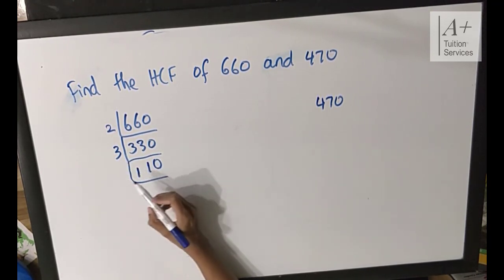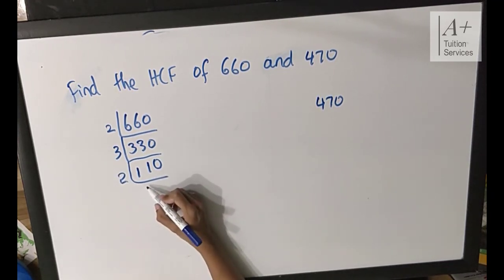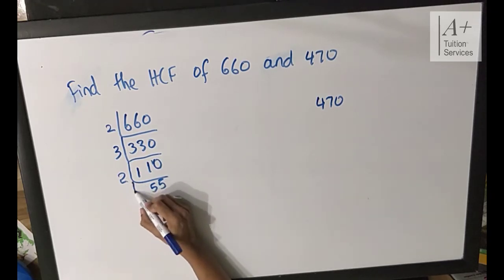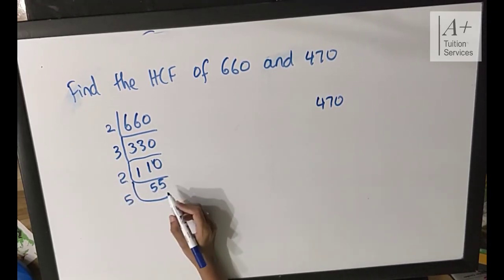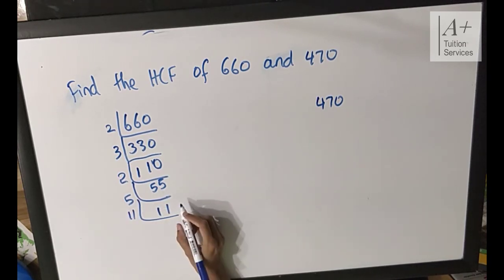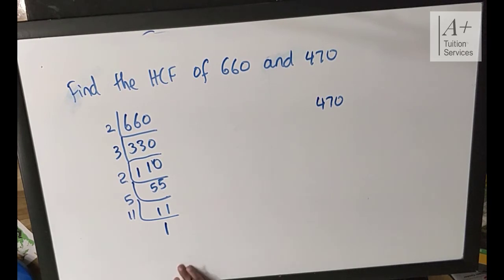So now we go back to use 2. 2 into 11 is 5, remainder 1, 2 into 10 is 5. Then we can use 5. 5 into 5 is 1, 5 into 5 is 1, and then we can use 11. 11 into 11 is 1, okay? So our numbers here are 2 by 3 by 2 by 5 by 11.